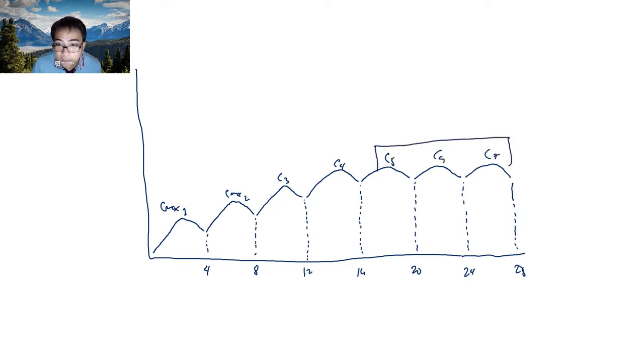From this point on, anong napansin nyo sa plasma concentration niya? Okay? It remained pantay-pantay. Very good. Pantay-pantay na yung height. Now, class, this is the point wherein we say that the drug is already at steady state. Okay, this is already what we call the steady state concentration.